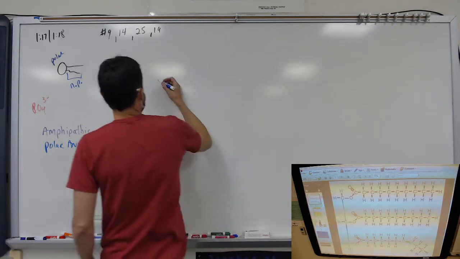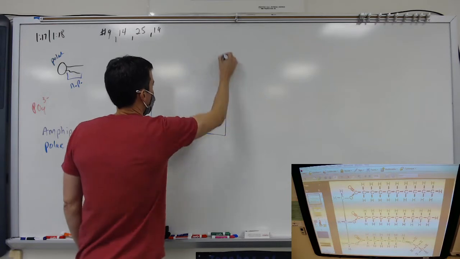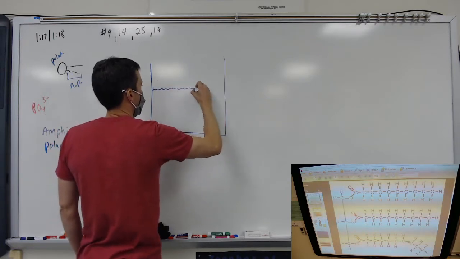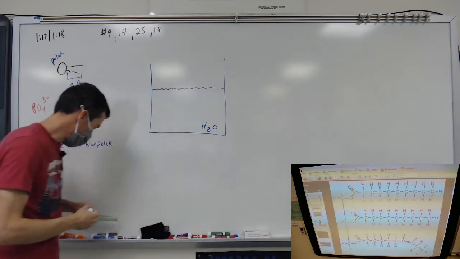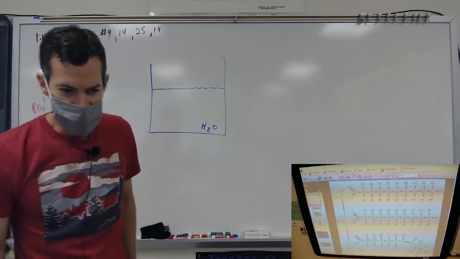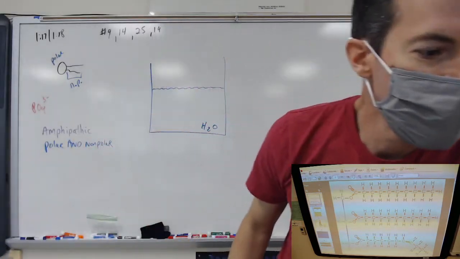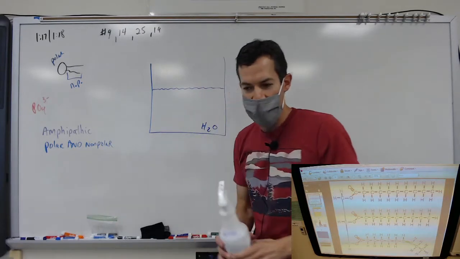So let's say that I've got a cup of water. So this is water. And I have a cup of phospholipids. Got on sale. So here's my cup of phospholipids. And I dump the phospholipids onto the top of the water.